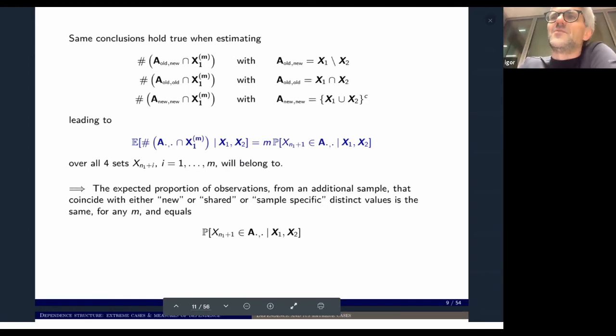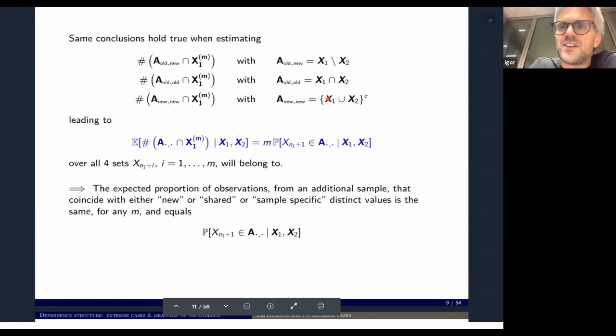So, for instance, if I look at the observations which were in X1 but not in X2, if I look at observations which were already in both samples, or if I look at completely new observations. So you see, it makes the pair with the simple exchangeable case where I was looking at the probability of sampling something new. Here it becomes a little bit more involved because it could be new with respect to both samples, new just with respect to one of the two, or something which I already have observed in both samples.